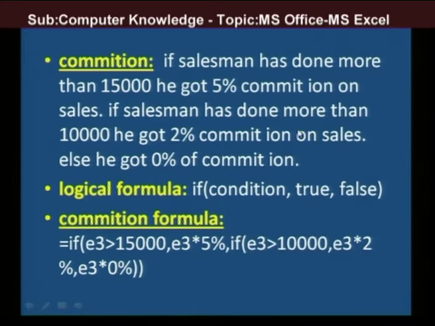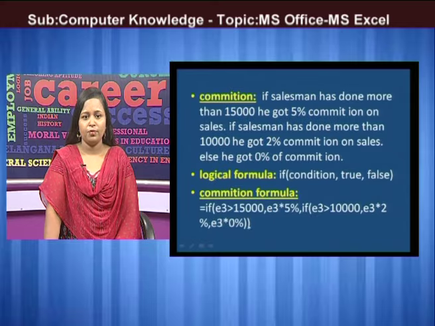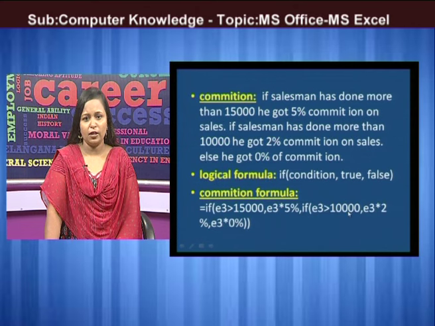Next, commission. How to calculate the commission? In this commission, some conditions are there. Whenever there are conditions, we have to use if. Here it is 15,000 and 10,000. Greater than 15,000 per salesman, the calculated amount is 5%, and for 10,000 the calculation percent is 2%, otherwise 0%.